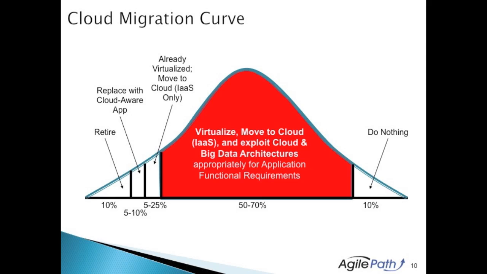Continuing on left to right, there's a percentage of your legacy portfolio that is already virtualized. So I don't know how far along most enterprises are with the adoption of virtualization technologies. Some are more ahead than others.